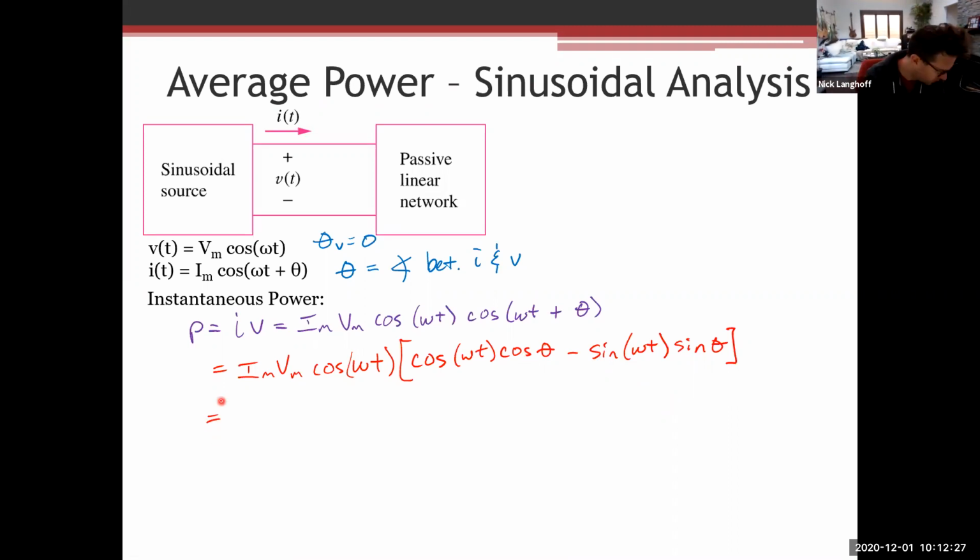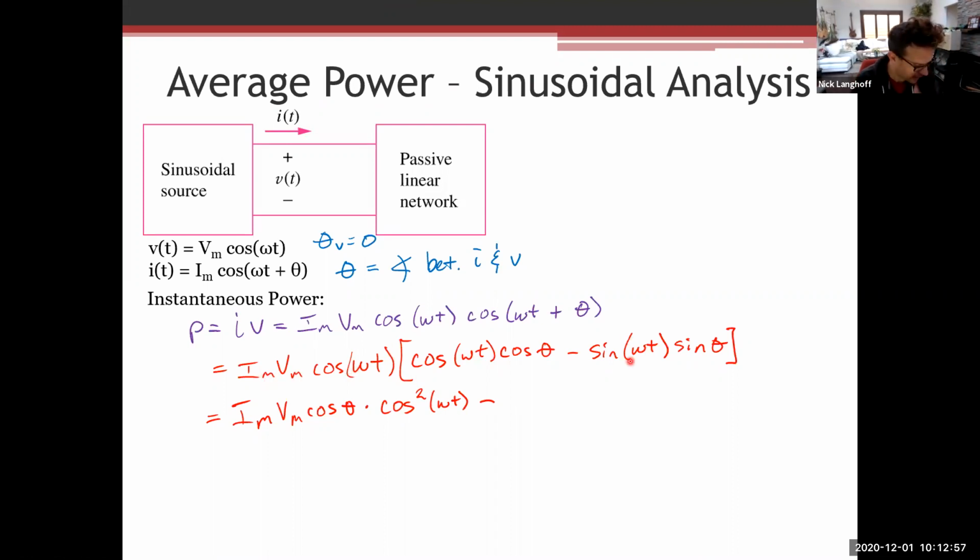So let's pull out the cosine theta in front here. We'll have Imax Vmax times the cosine of theta times, now we have a cosine omega t here and a cosine omega t here, so this is cosine squared omega t, minus, now we have to distribute this Imax Vmax cosine omega t into here.